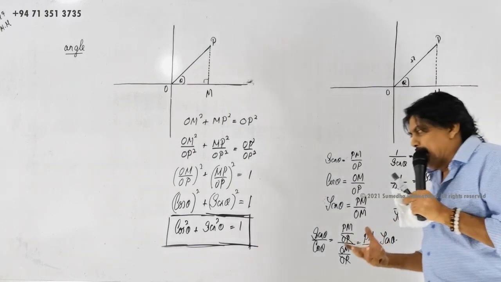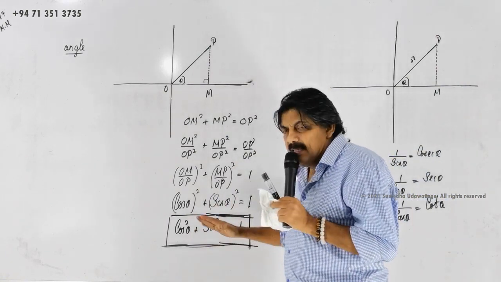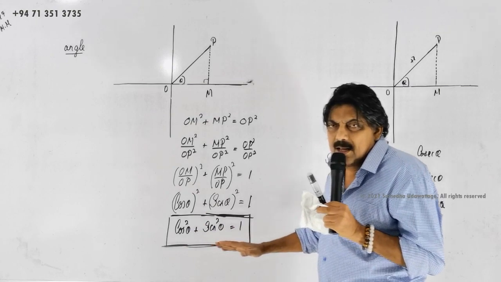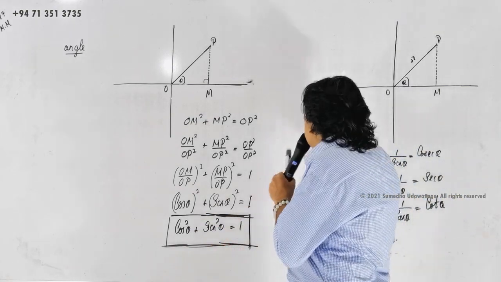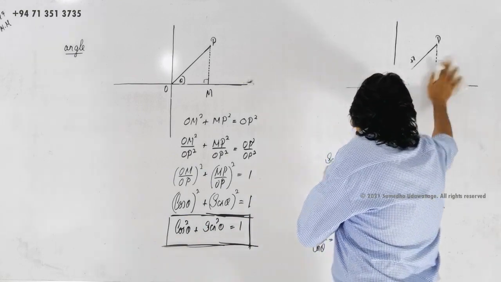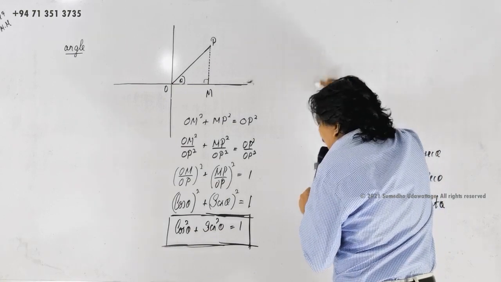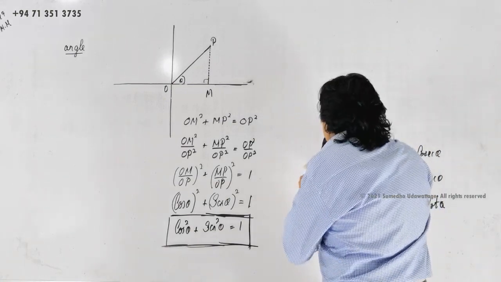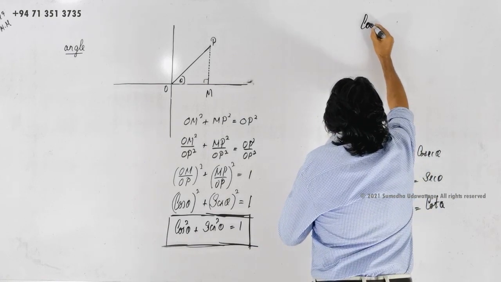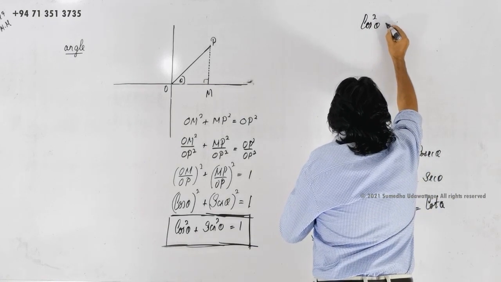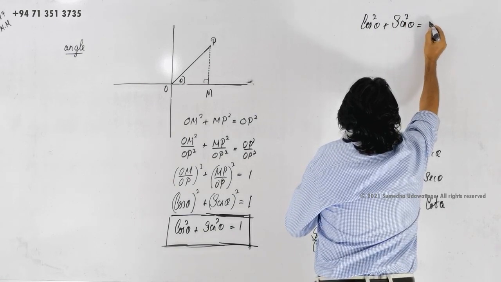Then you got to keep in mind cos square theta plus sin square theta is equal to 1. This is the first formula we learn in trigonometry. While you memorize this, look here. Cos square theta plus sin square theta is equal to 1.